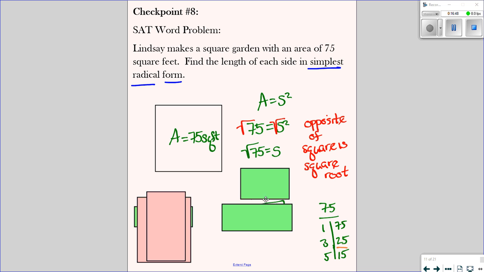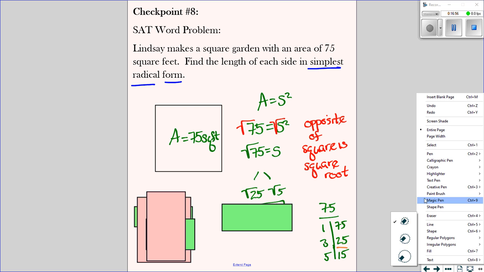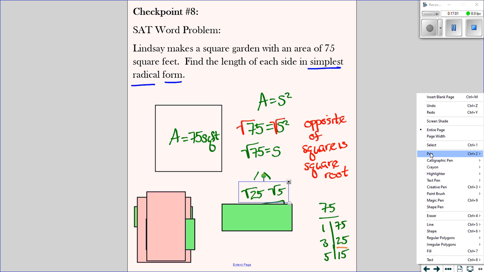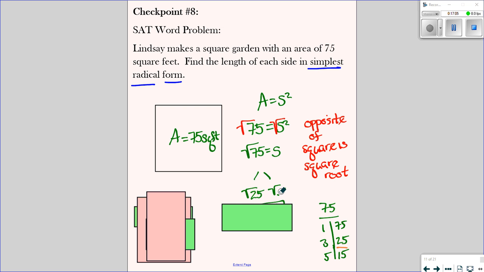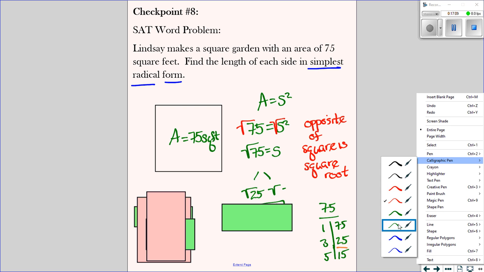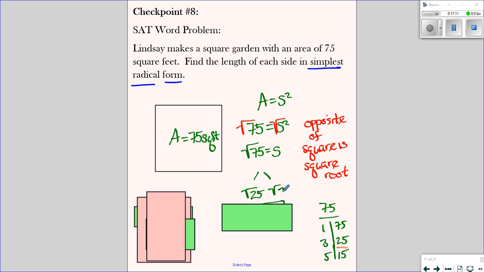Then you're going to break down 75 to square root of 25 and square root of, oops, that's supposed to be 3. So let me change that, so that way we don't have that error. Okay, eraser. And change that, so that should be 3.